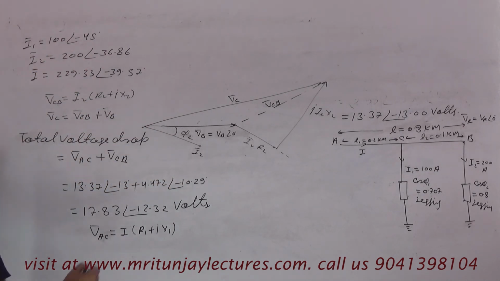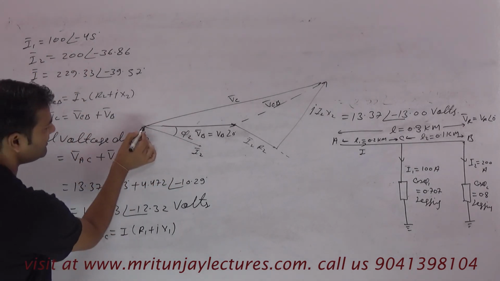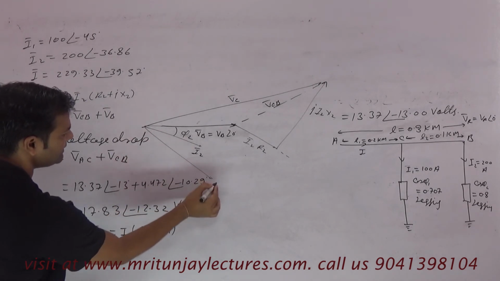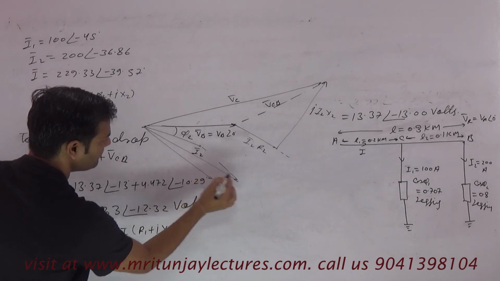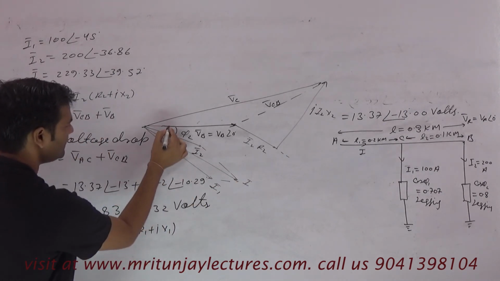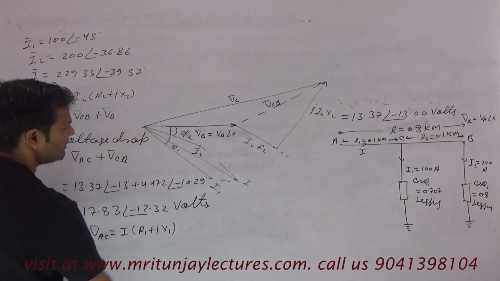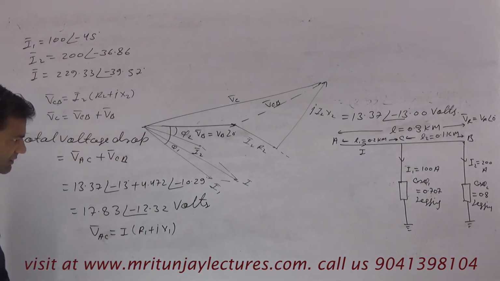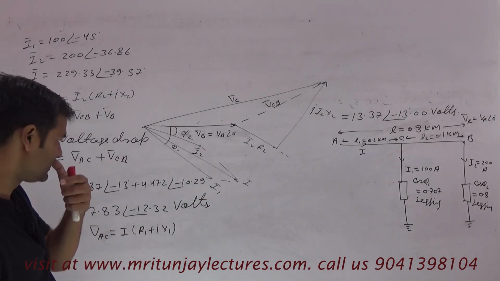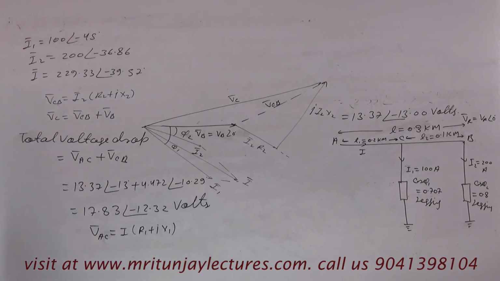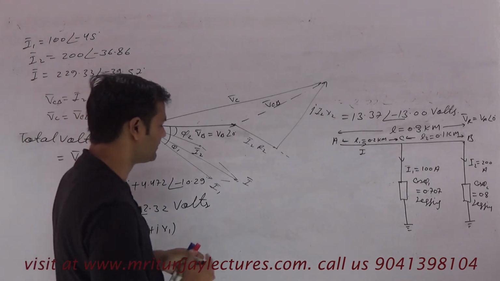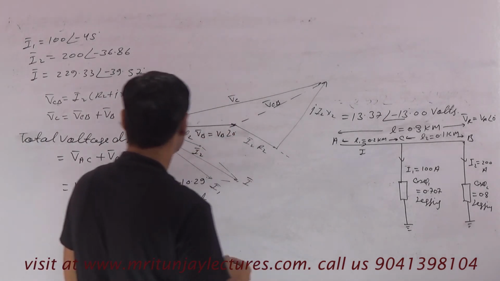I1 is minus 45. Minus 45 means represent here, that is I1. Resultant of these two, that is I. Okay, this one is phi 1, and that is resultant of these two, I1 plus I2 is I, represent like this one. Okay.